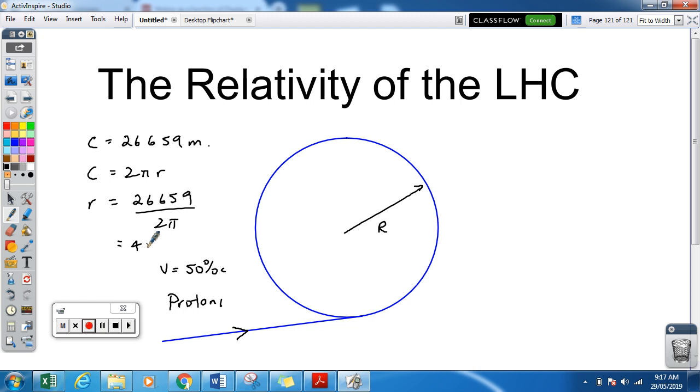It's 4,243 meters. Okay, I'm just going to round this for simplicity at 4,200 meters here, and we'll just use those as the beginning conditions.